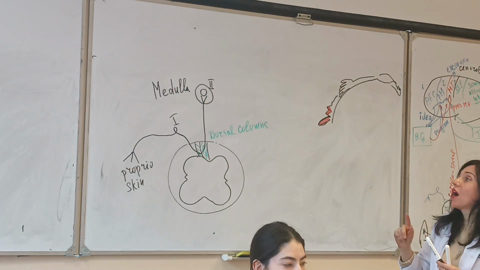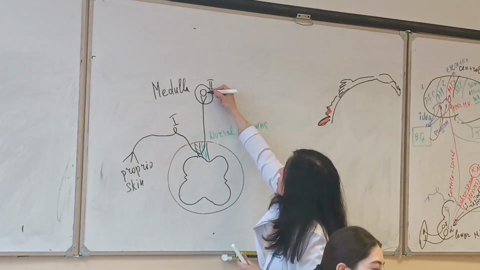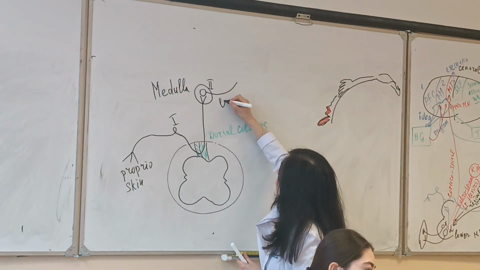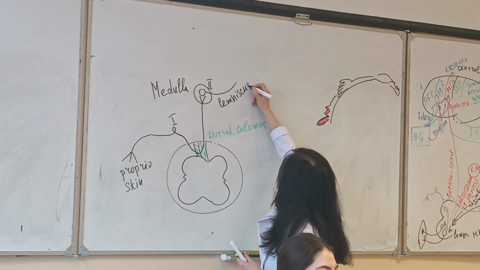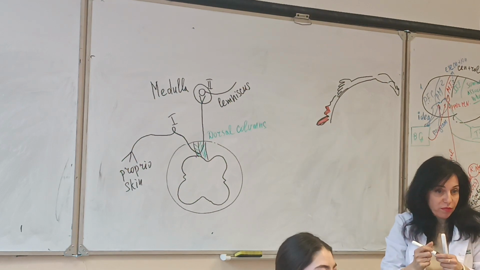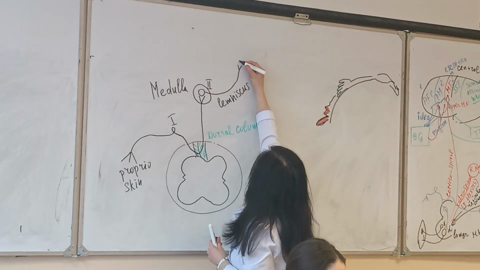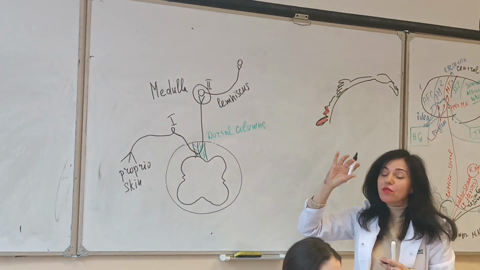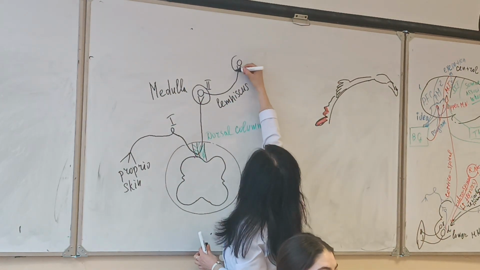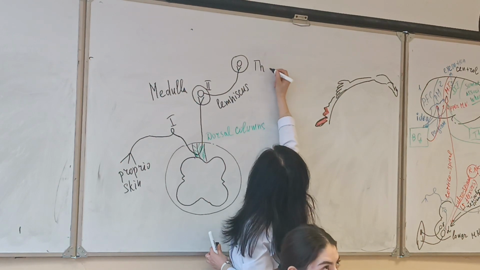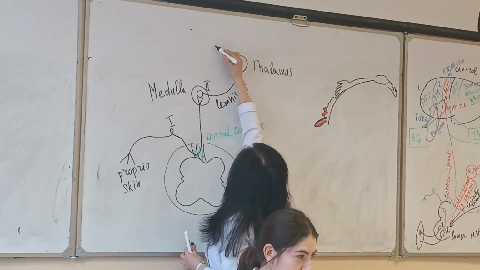Then it crosses and forms the medial lemniscus, so you can call this pathway lemniscus. The third order neuron, usually in each primary sensory pathway, is located inside thalamus, and then to cortex.